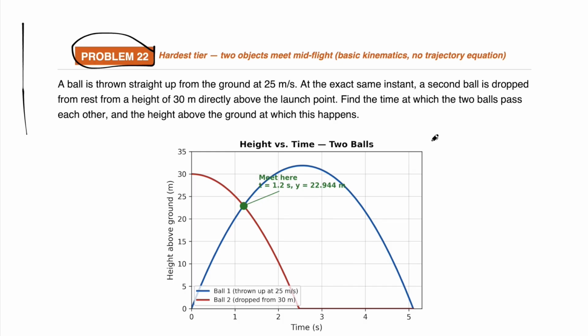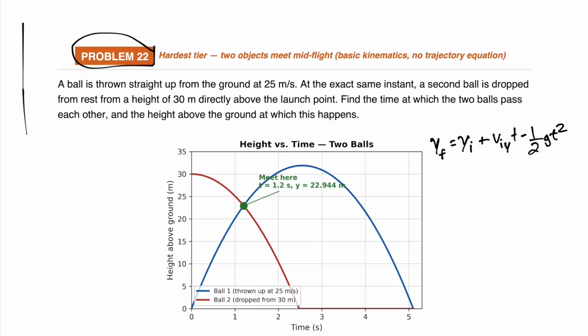We'll write two parabolic equations for both of them, okay? Using the same yf is equal to yi plus viy t minus 1/2 gt squared. Yf we don't know, right? We need to find that out.